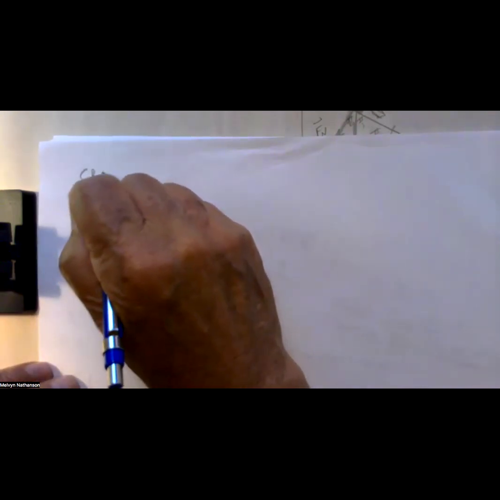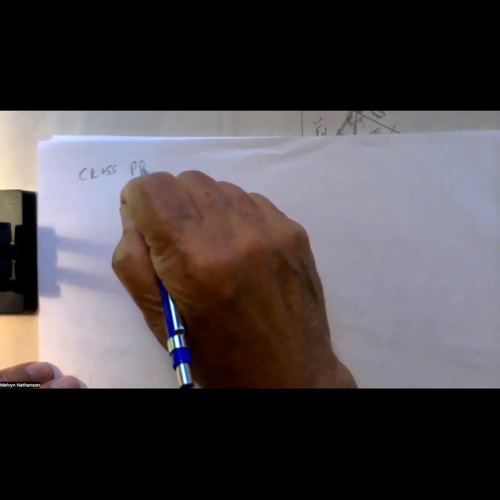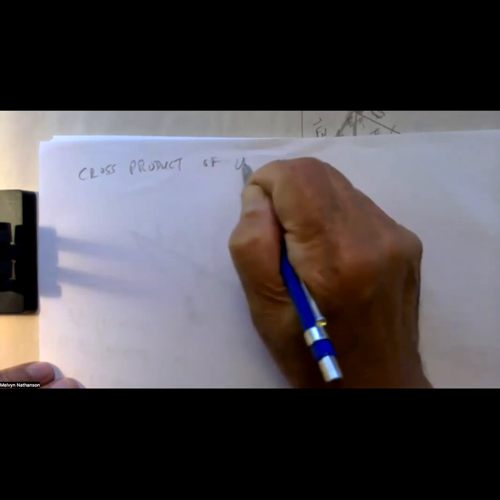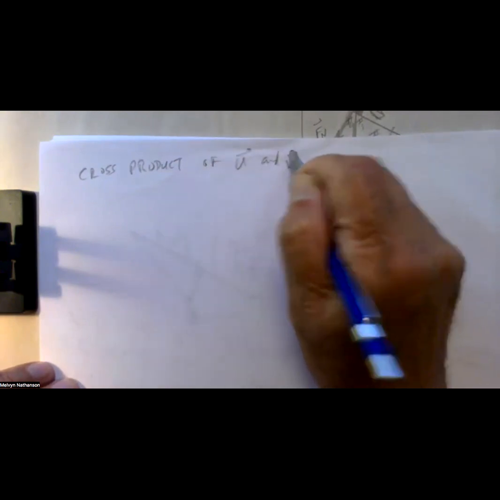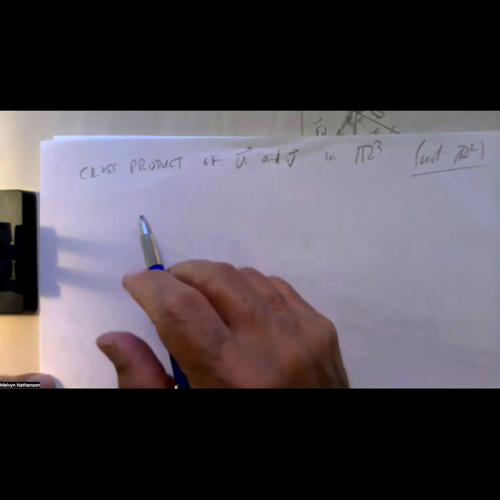And that only makes sense for vectors in 3-dimensional space. It's only defined for vectors in 3-dimensional space. So we can talk about the cross product of vectors u and v in R3. Again, not R2. We never talk about the cross product of two vectors in R2. And this is going to be a vector.